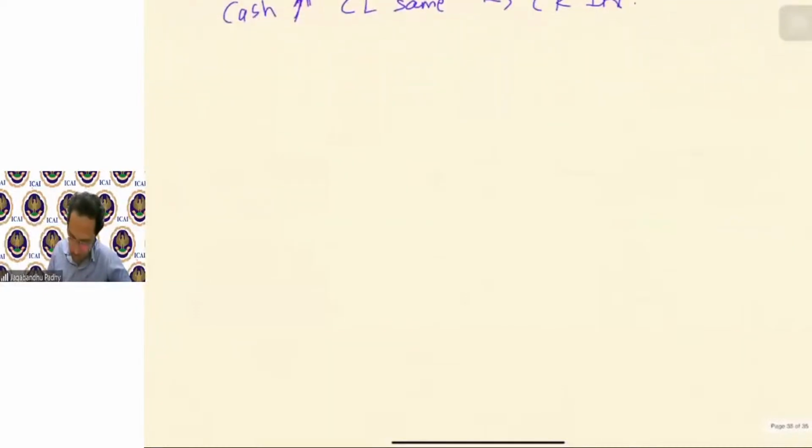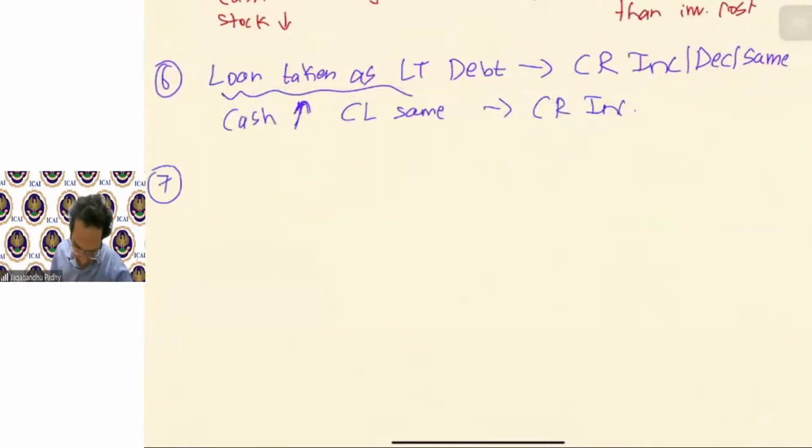Now, let us say next case, bill discounted, dishonored. What will happen to the current ratio?